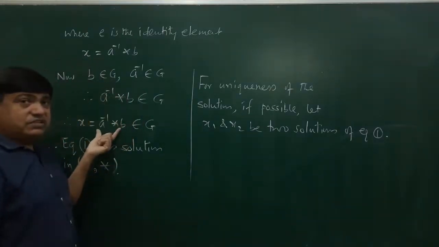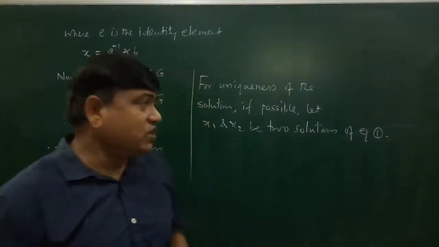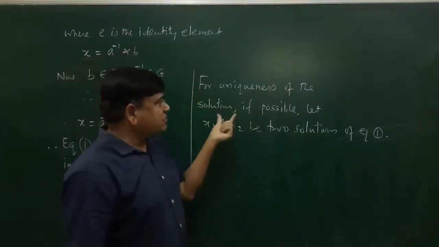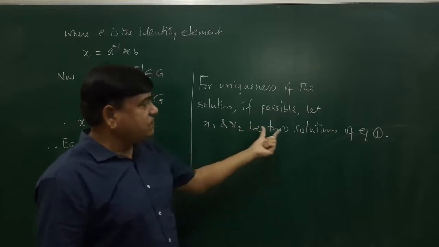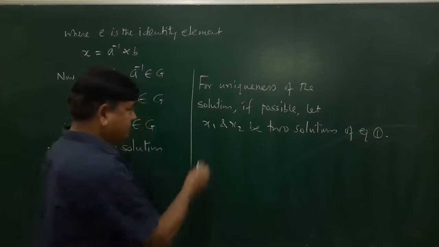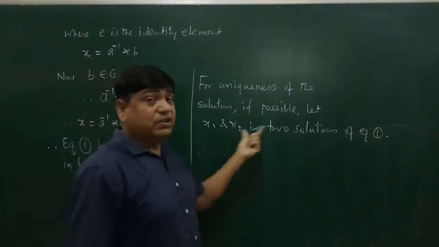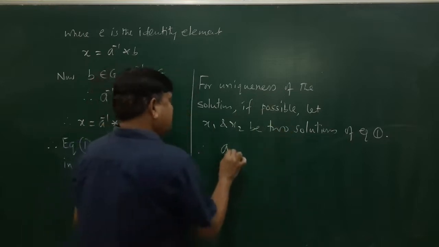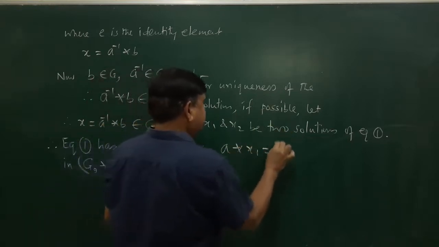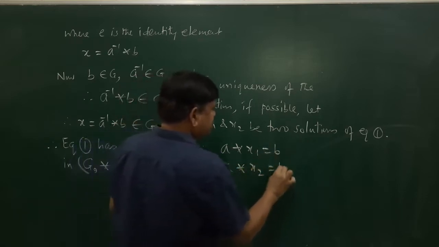This solution must be unique, means one and only one. यदि इसका solution है, तो equation को क्या करेगा? Satisfy करेगा. Means a asterisk x1 equals b and a asterisk x2 equals b.